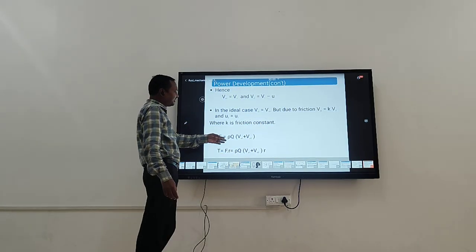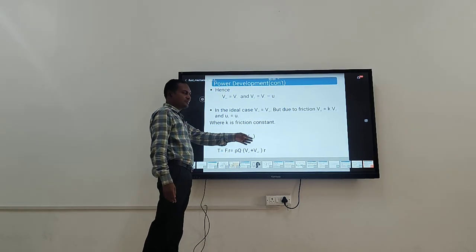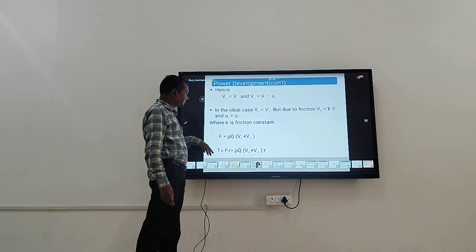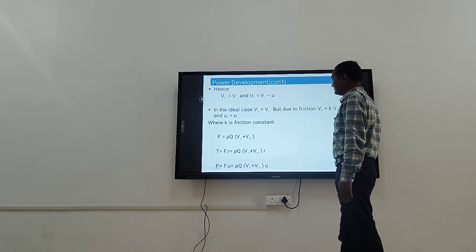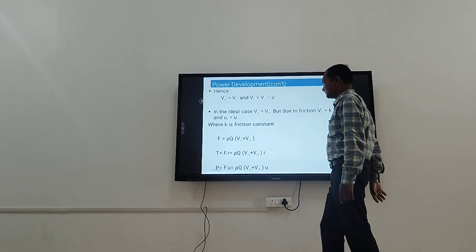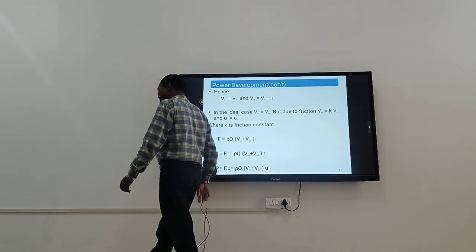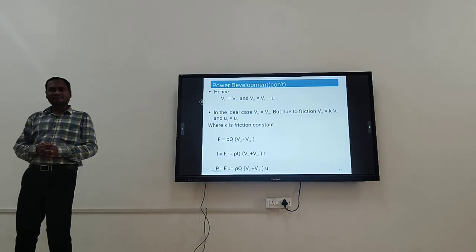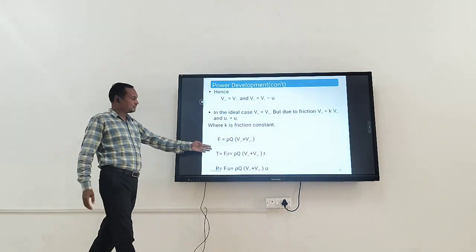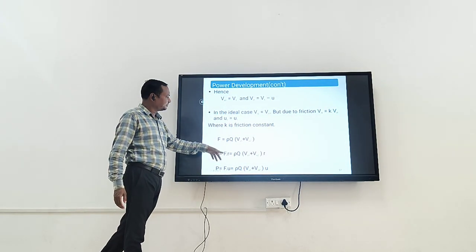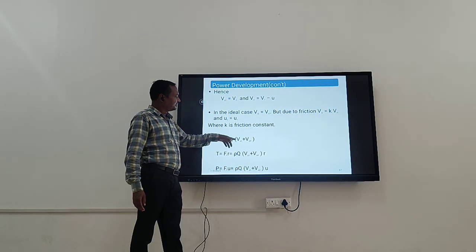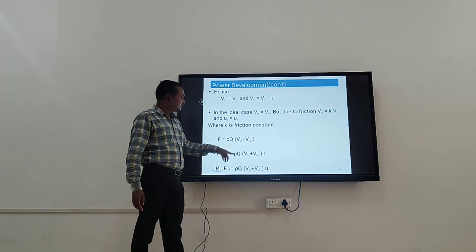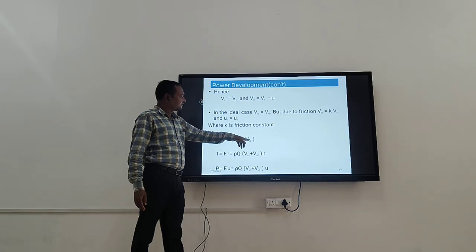F is equal to rho Q (VU1 plus VU2). Next come to T, the torque generated. What is your torque? Torque is the force into distance. F is your force. Force is rho Q into velocity, (VU1 plus VU2).